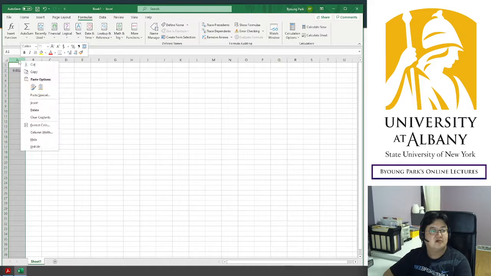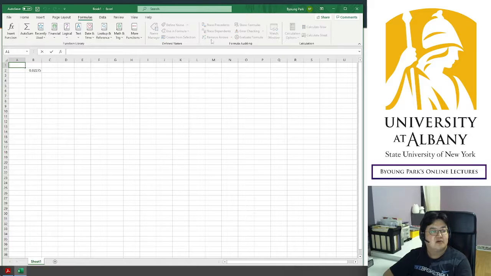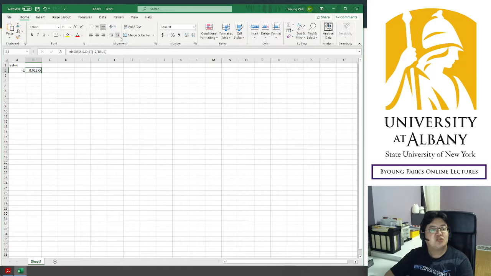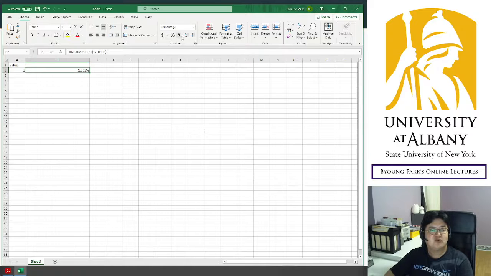So the value was -2, so the probability smaller than -2 is 0.02275, which is approximately 2%, more precisely 2.275%. Of course, if you increase the decimal places, you can get arbitrarily more accurate. But I'm going to cut this at, say, 2.275.